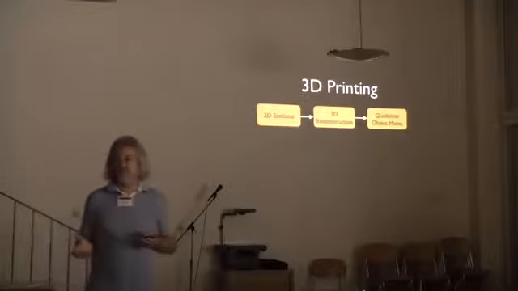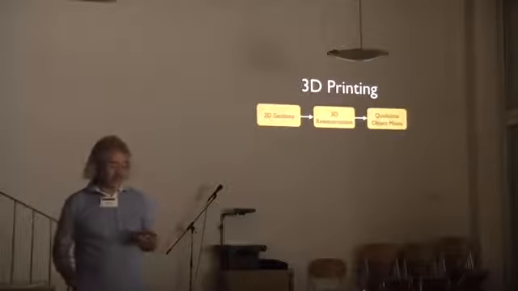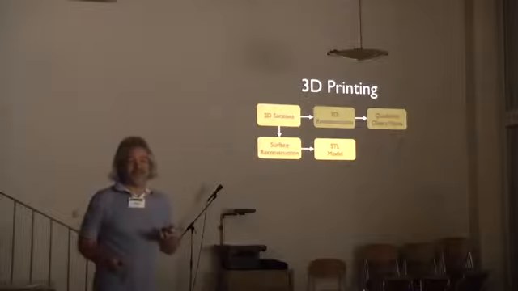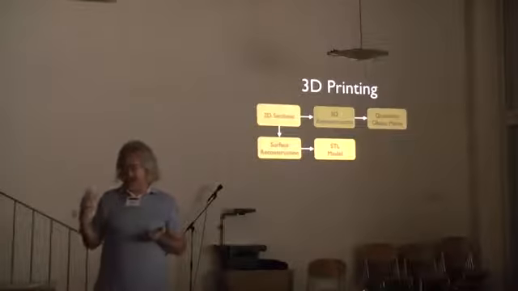But what if you didn't want an object movie? What if you actually wanted to print one of these anatomical structures? Well, what we have to do is surface reconstruction of some sort. And that's done using various techniques.